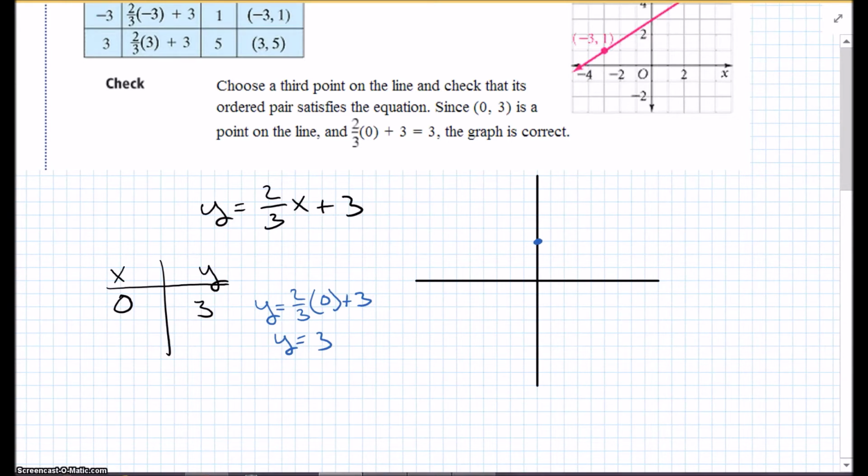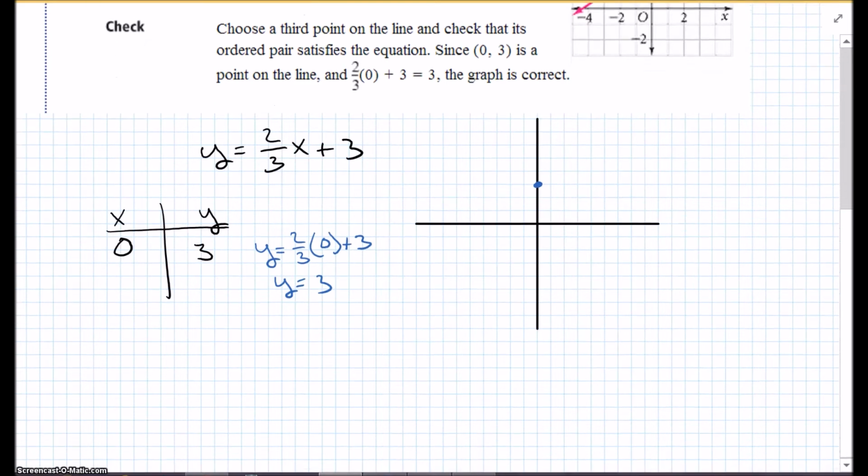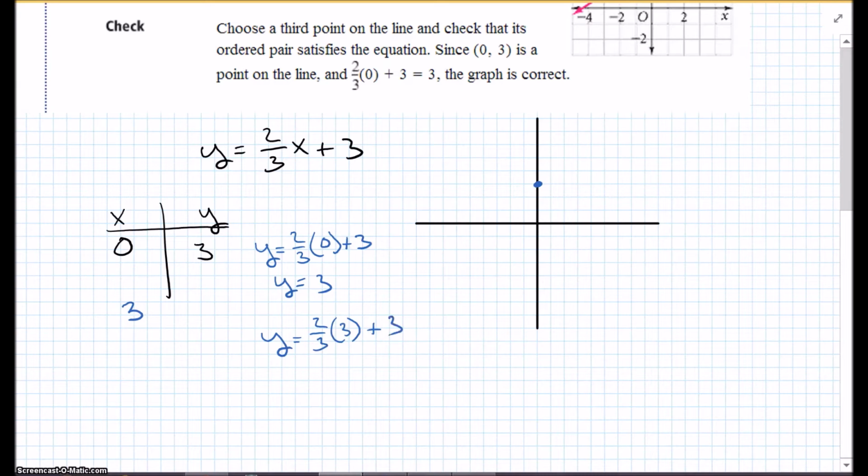Something that would be easy to multiply. Well, if x equals 3, wouldn't that cancel the denominator? So let's plug it in. y equals 2/3 times 3 plus 3. Doing the math, the 3's cancel, so y equals 2 plus 3, so y equals 5.